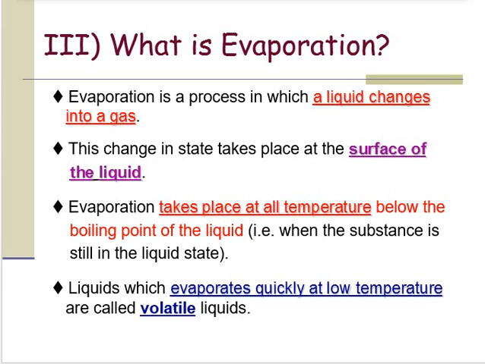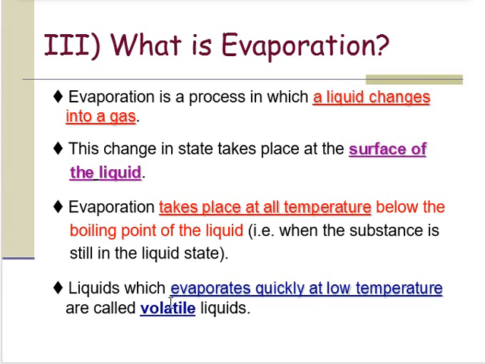Now, evaporation is a process in which a liquid changes into a gas. This is similar to boiling, but the difference is that this change in state takes place only at the surface of the liquid.